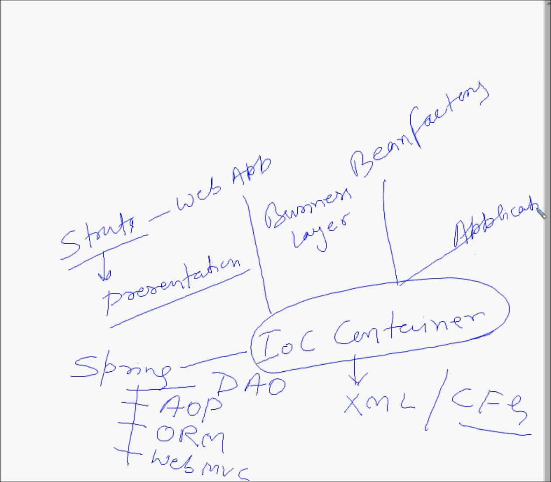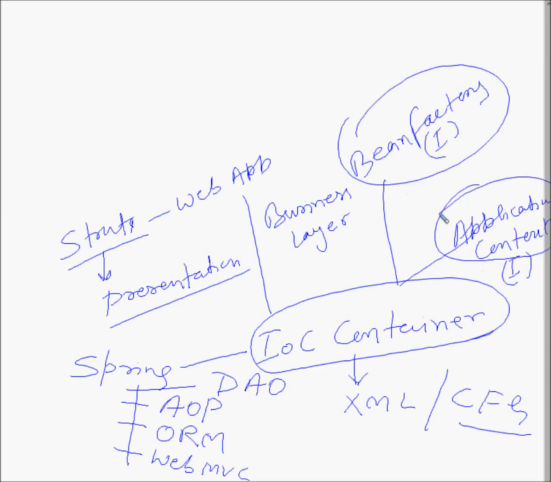So this is one interface and this is another interface, which help us to get objects, or help us to manage the beans in the IOC container. So these are the two interfaces we are having, bean factory and application context.